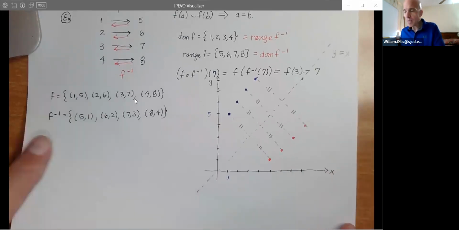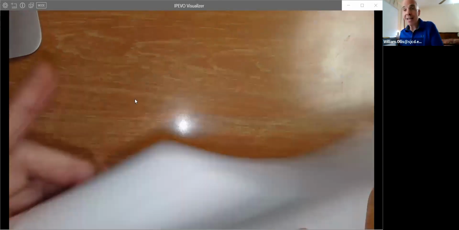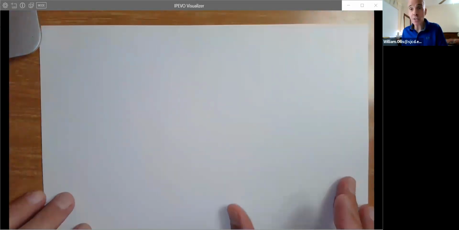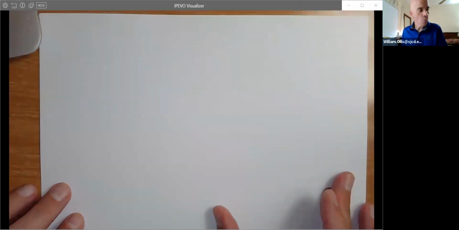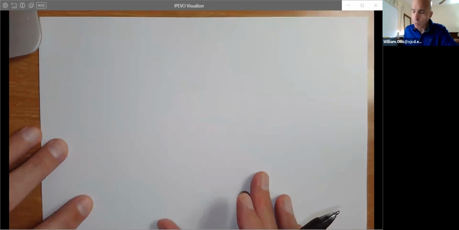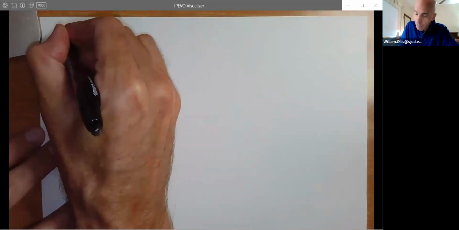What we want to do now is look at a function that's defined in terms of a formula, because you're going to be taking calculus, and that's pretty much how things are going to be defined. But I want to set this up so you get a good feel for what an inverse function is.